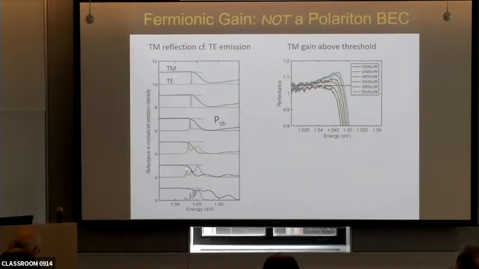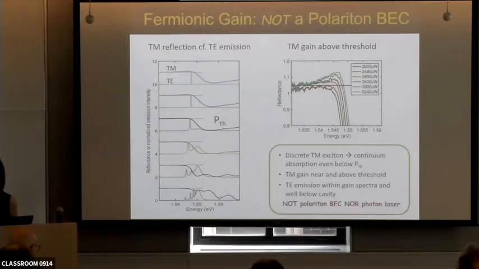But as we increase power, even below threshold, the discrete exciton resonance disappears into a continuum band edge absorption. And above threshold, of course, we have the continuum band edge absorption, as well as now finally a shoulder showing up here, which is actually gain in the TM. And so that shows that we're actually above the Mott transition density with the population inversion in the system.